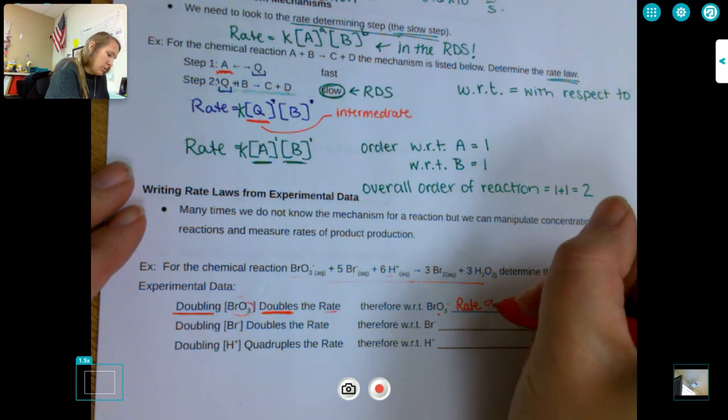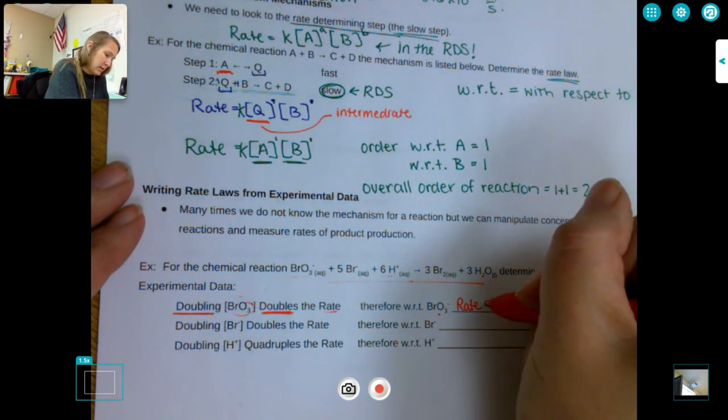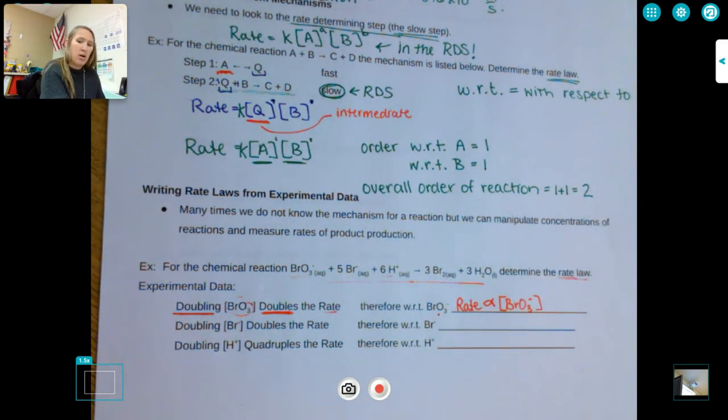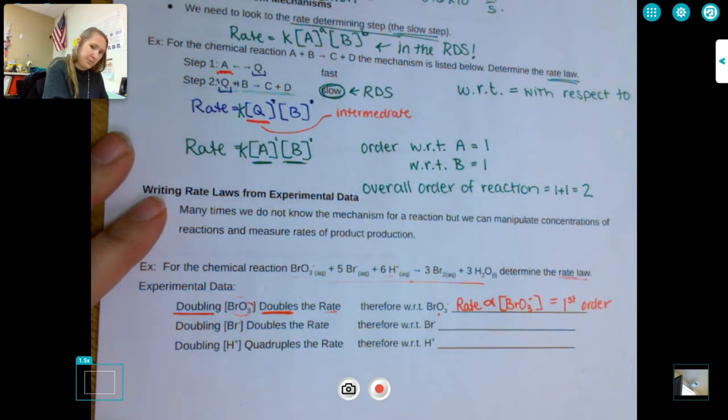That means that my rate is proportional, and that's what the alpha sign means, to BrO3. When one doubles, the other one doubles. If one triples, the other one triples. So if they move in the same fashion, they are first order.